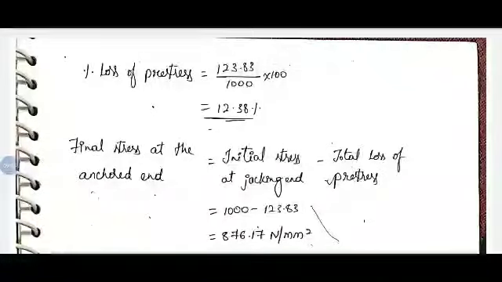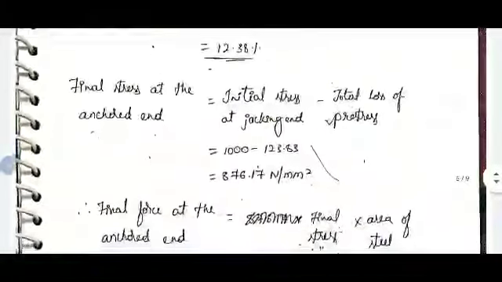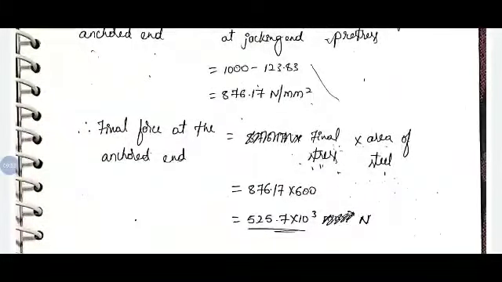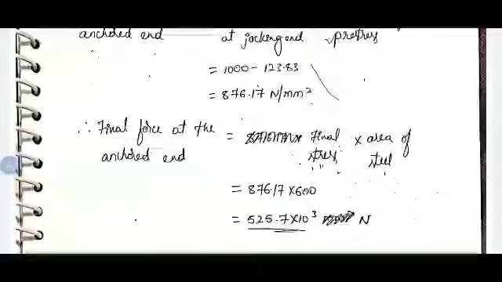Then after all these losses, what is the final stress at the other end of the beam? From one end you are tensioning, what is the stress at the other end? Initial stress, it is 1000 minus total loss of prestress, you will get 876.17 Newton per mm square. So area is given, force is stress in steel into area of steel.